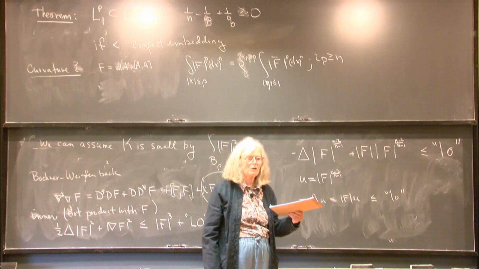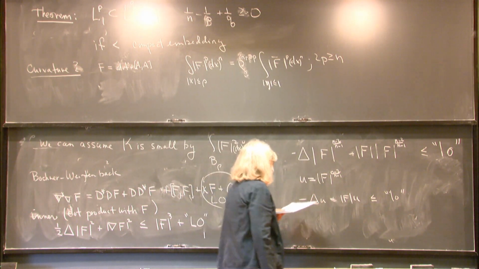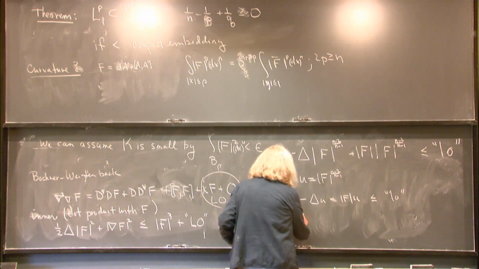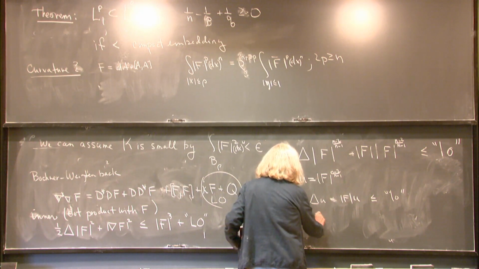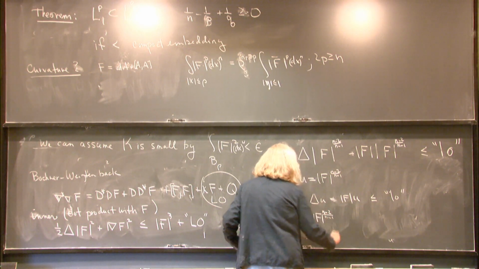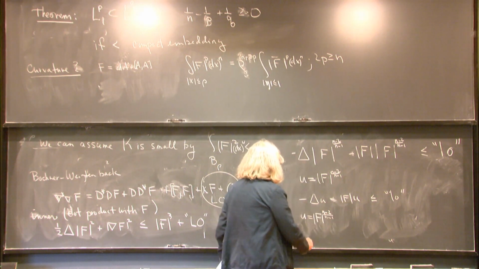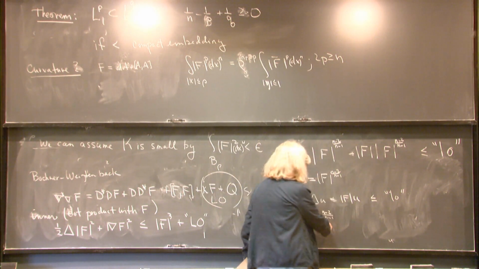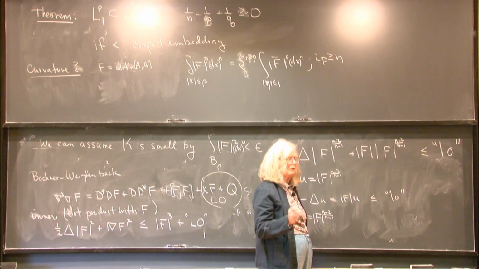And that's why we needed a slight improvement. u here is in f to the n minus 2 over n minus 1, and this is in a space that's slightly better than L2.